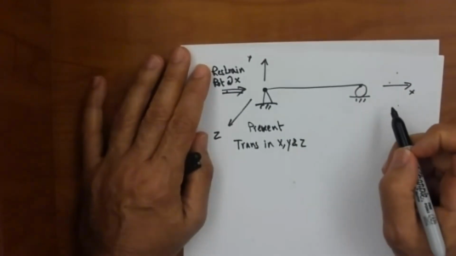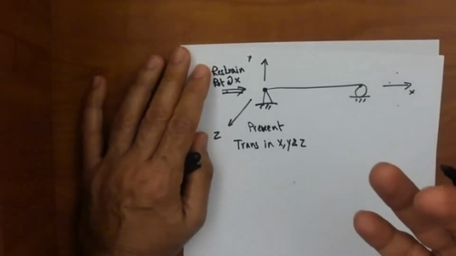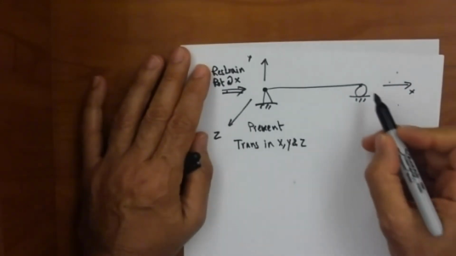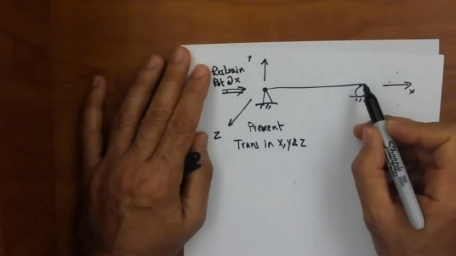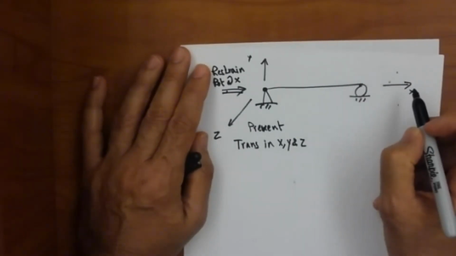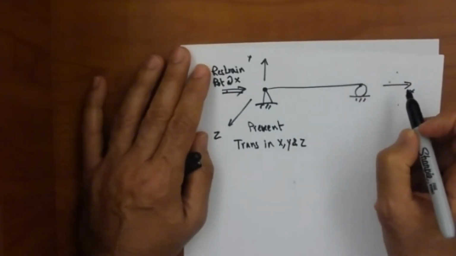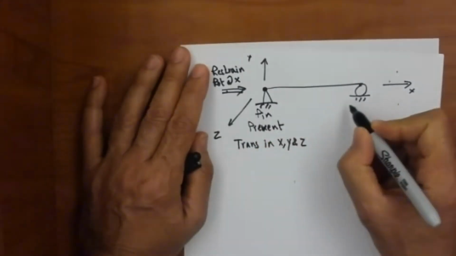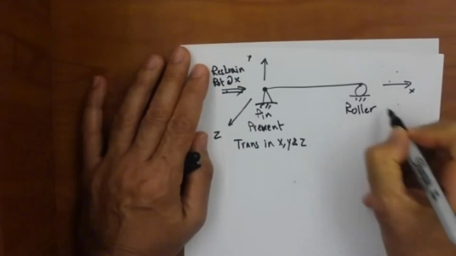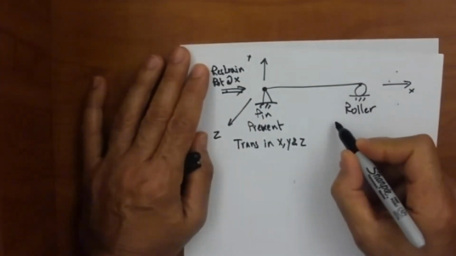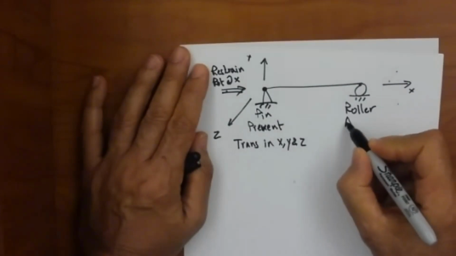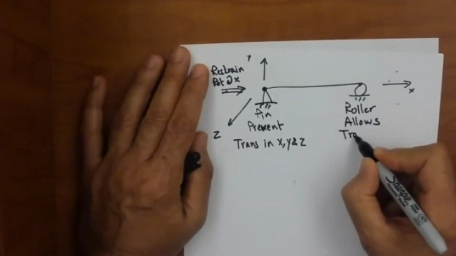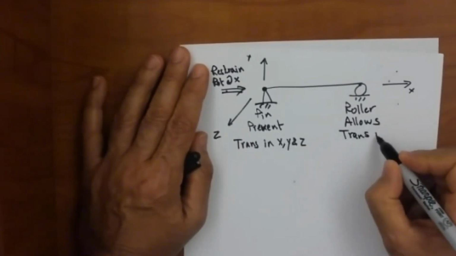But if I'm working in 3D, it also should prevent it from translating in the Z. Or in other words, the way I see my roller, it is only allowing translation along the X axis. So this here was a pin. Here I'm looking at a roller. And for this roller, instead of writing prevents, I'm going to write allows translation in the X direction.